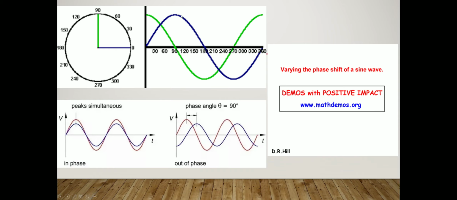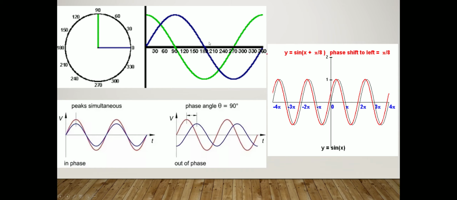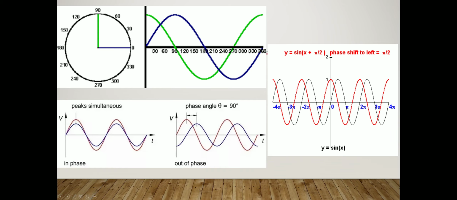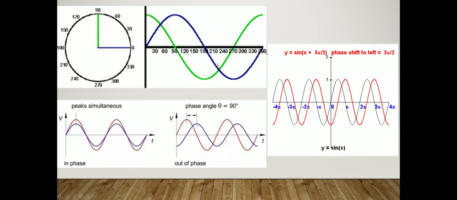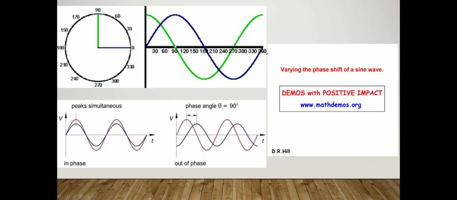That's one semicircle. And then you add another semicircle and you get 360 degrees. So one half of a circle gives you 180 degrees, and the entire wave is 360. That's how many degrees are in one wavelength of a wave: 360 degrees. And this green wave's node is at 90 degrees.